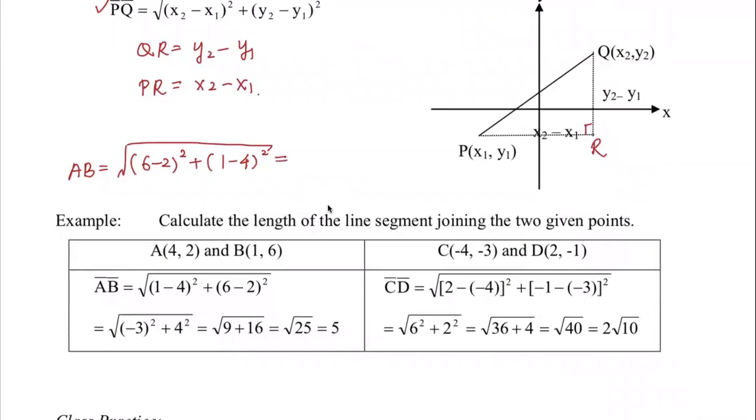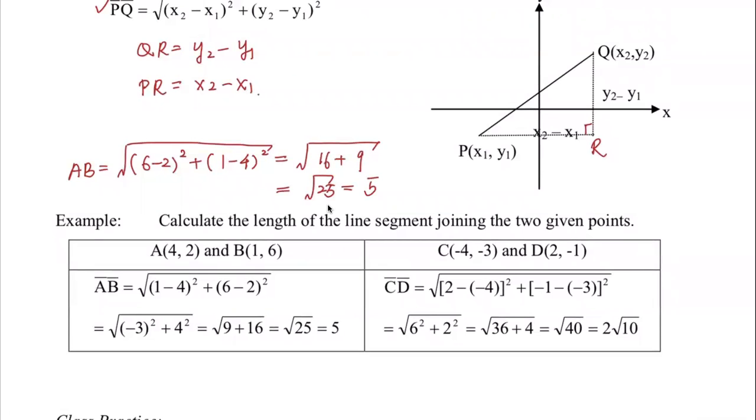This is equal to the square root of 6 minus 2, that's 4, 4 squared is 16, plus 1 minus 4, that's minus 3, minus 3 squared is 9. So this is the square root of 25, and the answer is 5.